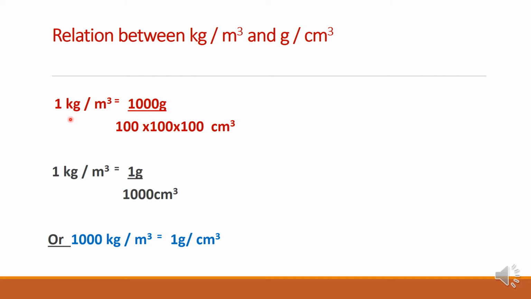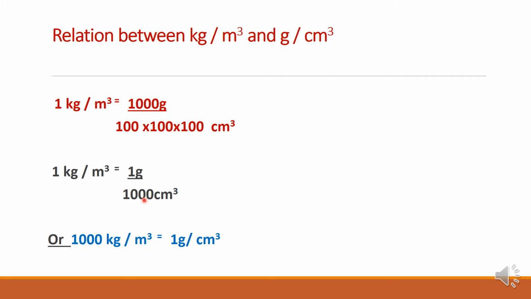I will explain again. We have 1 kilogram by meter cube. 1 kilogram is equal to 1000 grams, and 1 meter into 1 meter into 1 meter is 100 centimeter into 100 centimeter into 100 centimeter. So here 3 zeros and 3 zeros get cancelled, and we have 1000 left. The final is: 1 kilogram per meter cube is equal to 1 gram per 1000 centimeter cube.